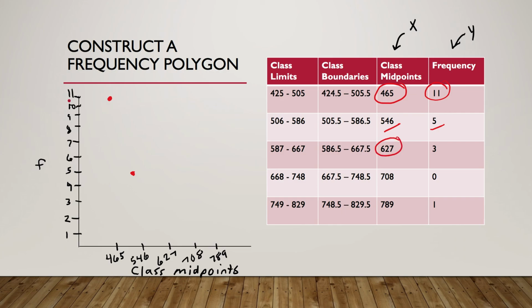Then we have 627 and 3. 708 and 0. And then 789 and 1. Once you get your points plotted, then remember you're going to connect those points with line segments in between each set of 2 points.